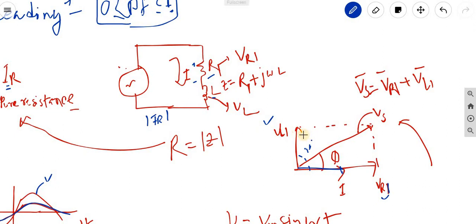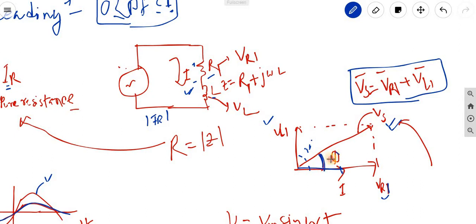These two components make up the source voltage, so vectorially we can add VL and VR to get this Vs. Now there is an angle difference between this Vs and the source current.